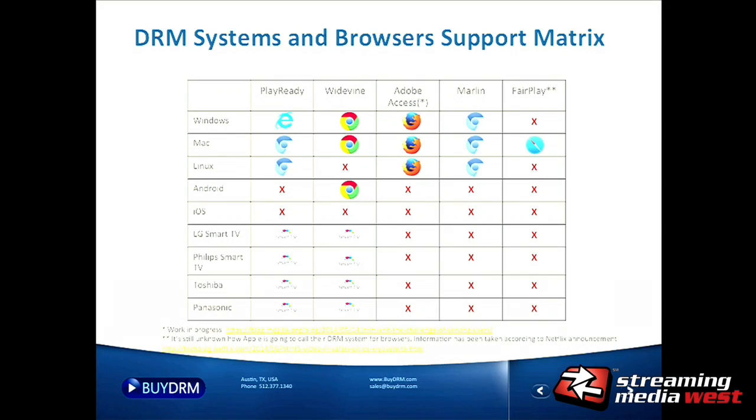Now, Widevine has a little bit better offering with Google because they support Windows, Mac, and Android today, so you can use Chrome across these platforms. On the Firefox side, Adobe works with Mozilla to implement the content decryption models in their browsers.